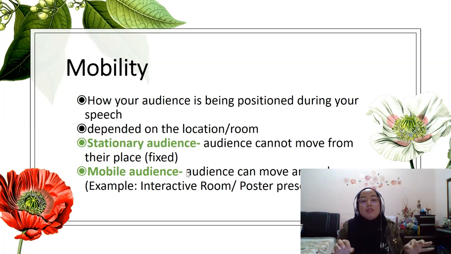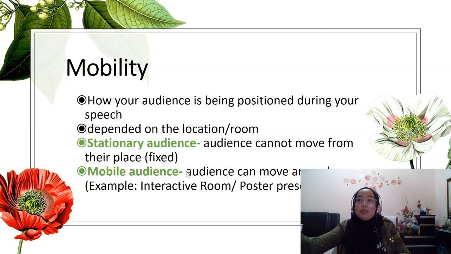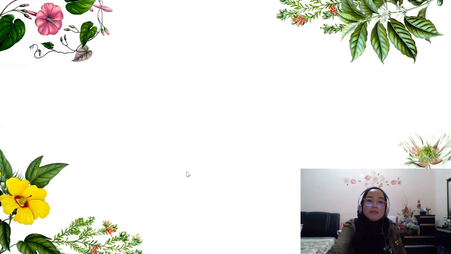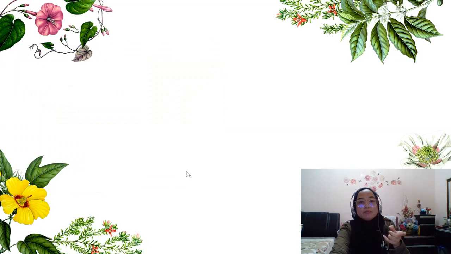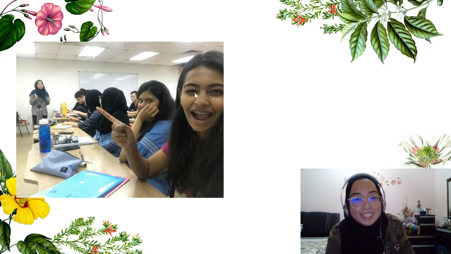An example of this is the library's interactive room, which I shall be giving you some pictures of in a bit, or even a poster presentation where you can have people come and go in front of you. All right, so I want to give you some examples. Here is basically stationary. Okay, stationary audience. As you can see, this is a picture of me teaching, and these are my kids.